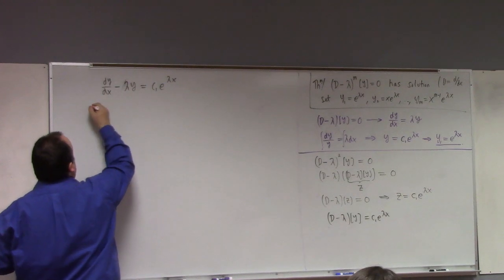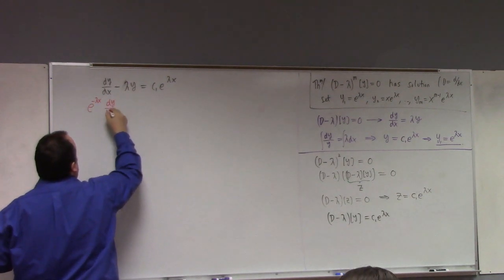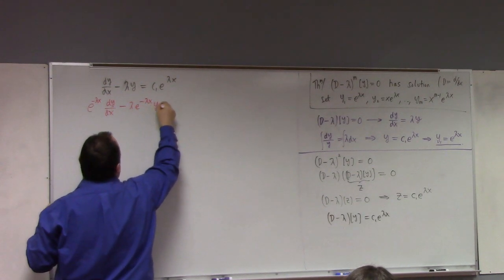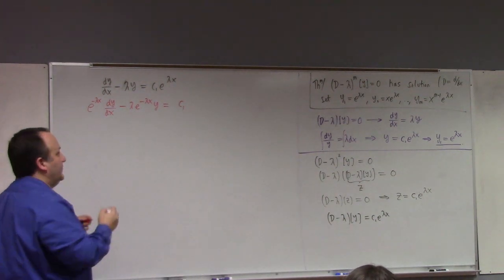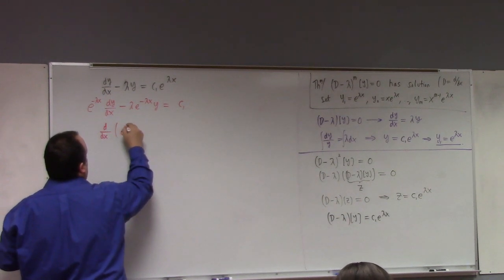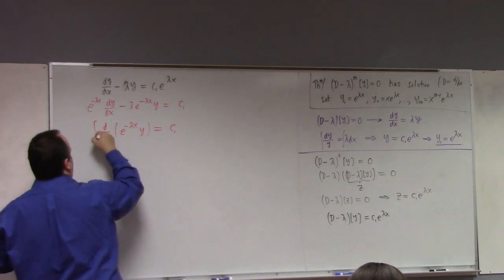Well, if we multiply by e to the minus lambda x, that's an integrating factor, isn't it? Reverse product rule. Integrate both sides.